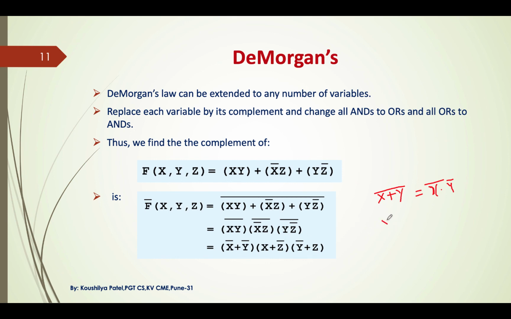It states that (xy) whole complement equals x complement plus y complement. So we get the result in this form. In this way we see that if we change the AND sign to OR sign and OR sign to AND sign and complement each value, we get the complement of any function.